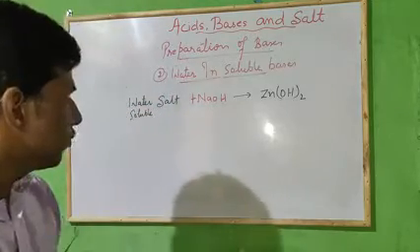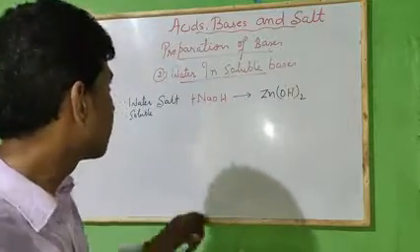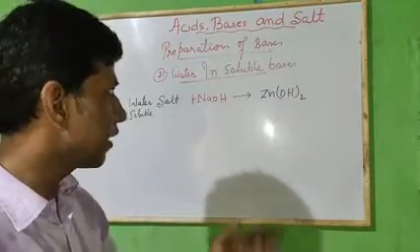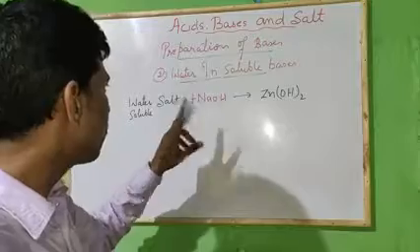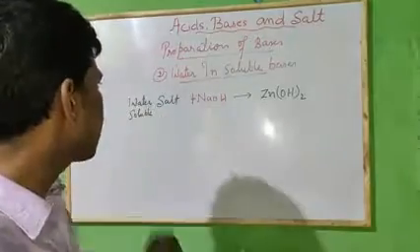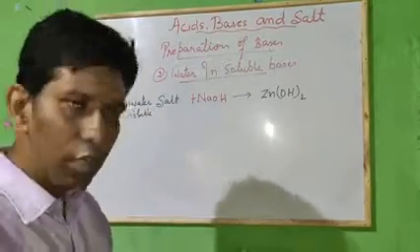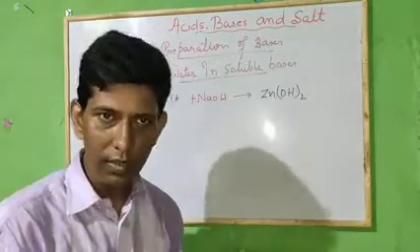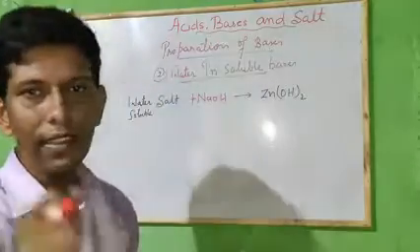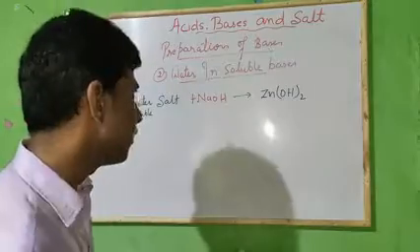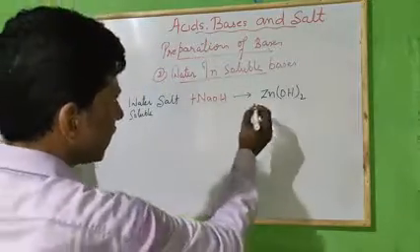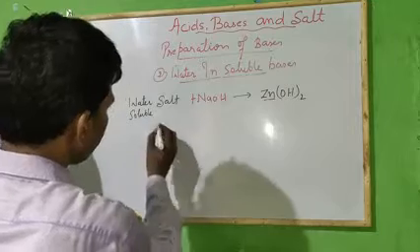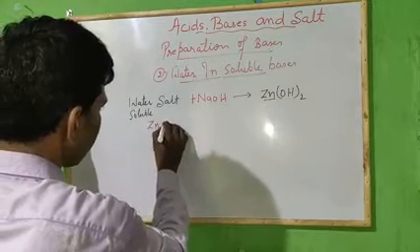Clear? So to make a water insoluble base like zinc hydroxide, we need two important things. One is an alkali, and the second is a water soluble salt. What is a water soluble salt? Actually, a salt that dissolves in water. Generally, nitrate salts are water soluble. So here we have to make zinc hydroxide, so we can take zinc nitrate.